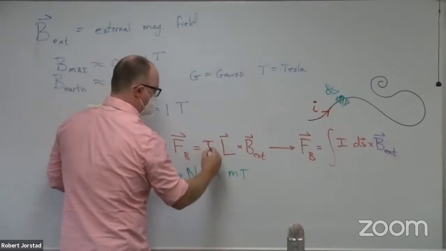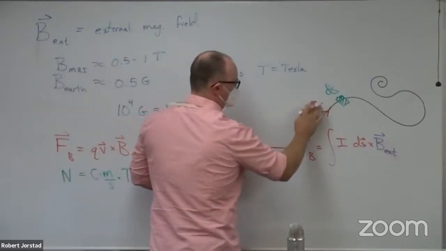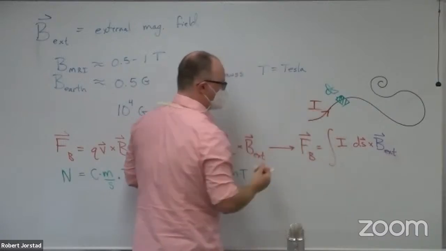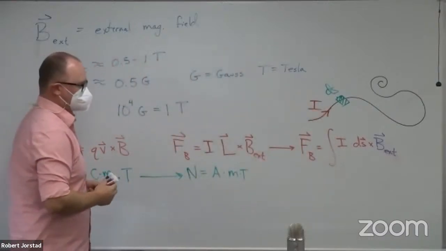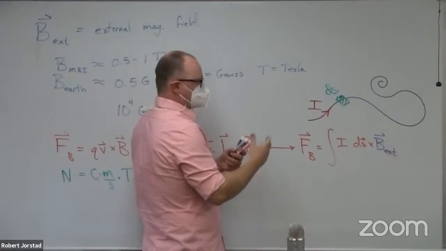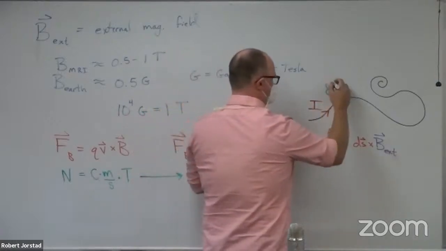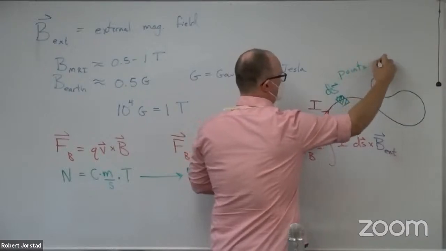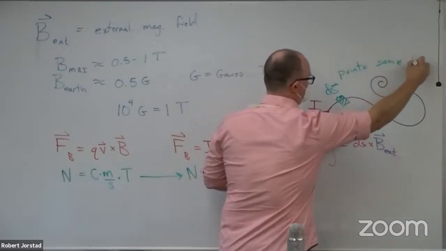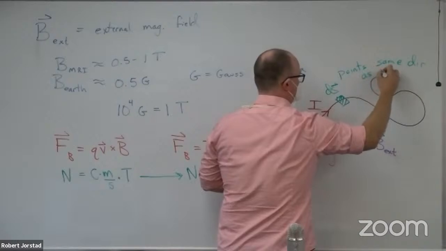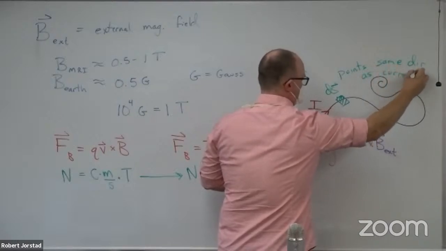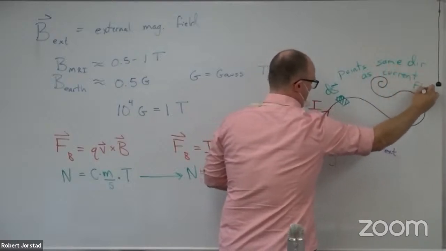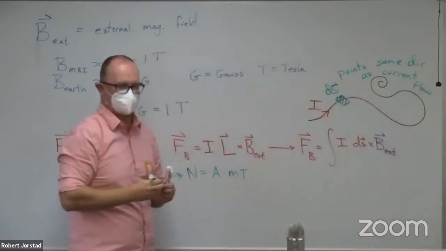Sorry about that. In this case, ds points in the same direction as current flow. So notice that can change depending on which part of the wire you are on.